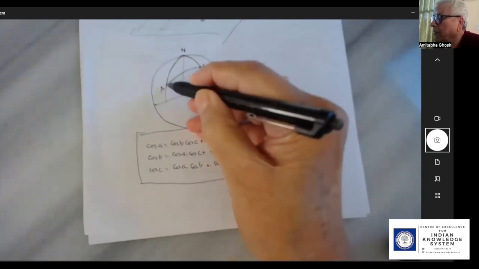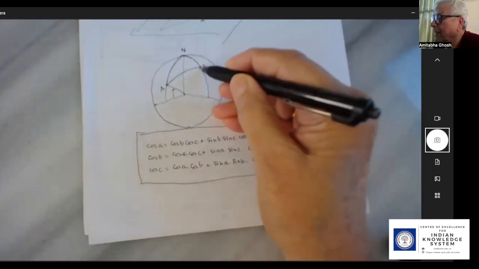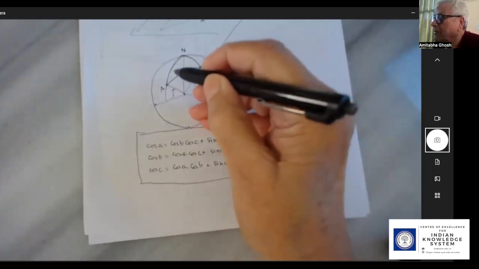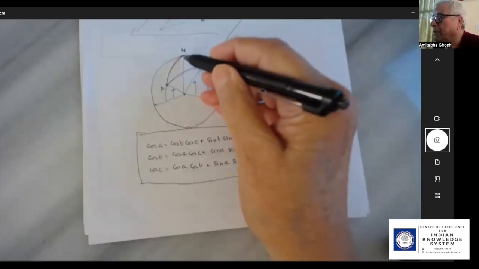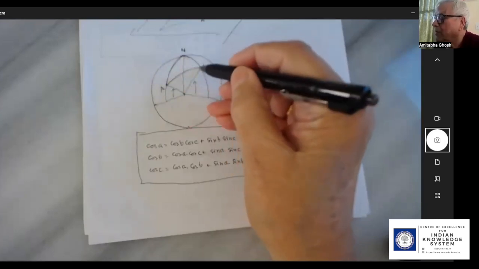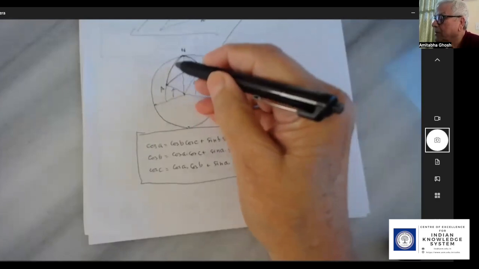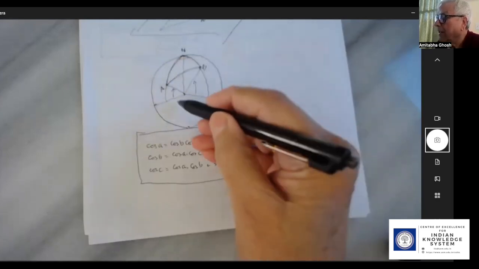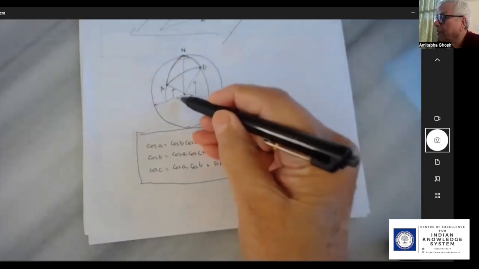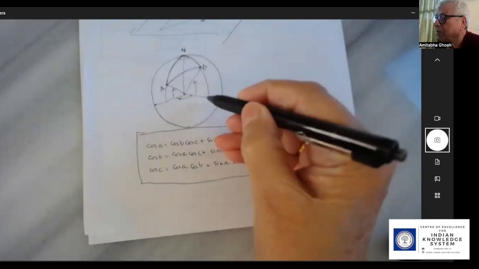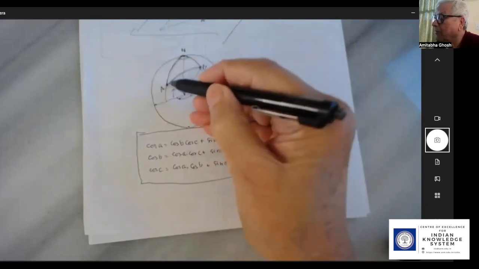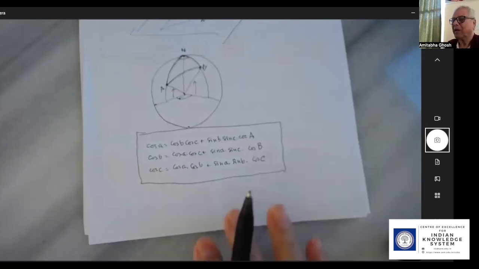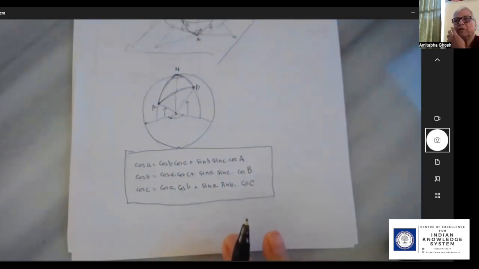This is the latitude of LA, this is the latitude of New York, and co-latitude means 90 degrees minus the latitude. What is this angle? The angle between these two is nothing but the difference of their longitudes. So this was known, this is known, this is known. That is the way spherical trigonometry is used.